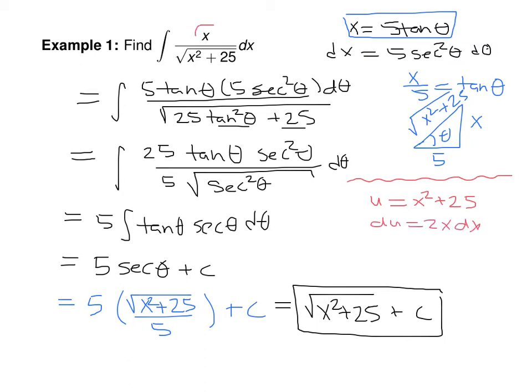And because there is an x dx in your numerator, this substitution will actually work. You'll end up with 1/2 the integral u to the negative 1/2 du. And that method is actually much, much simpler. So if you see problems for which u substitutions work, go ahead and use them. It's just here's how the trig substitution would work if you did it that way.